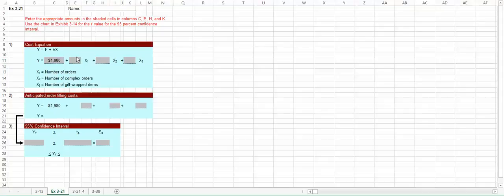Okay, so in this case, the X1 would be the number of direct hours. X2 would be the number of wedding cakes. And then X3 would be the number of gift baskets. Again, this information is all in the textbook.